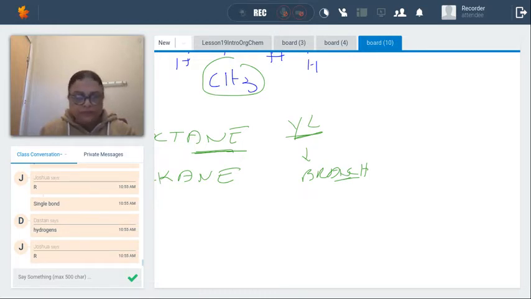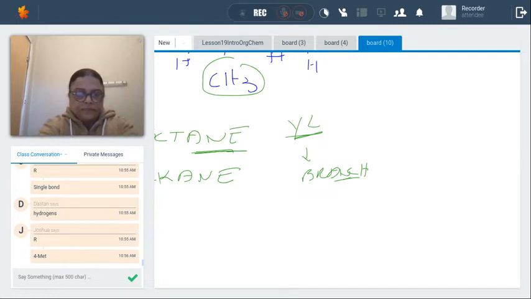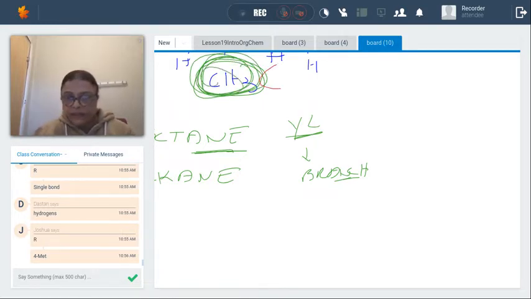Joshua. The location of the methyl, exactly, the location. Because if the methyl is here, or if the methyl is here, it's a different molecule. So what is missing is the location of the branching.